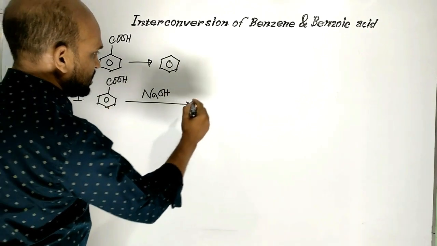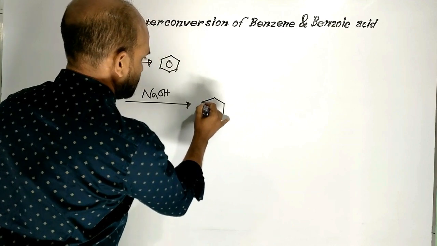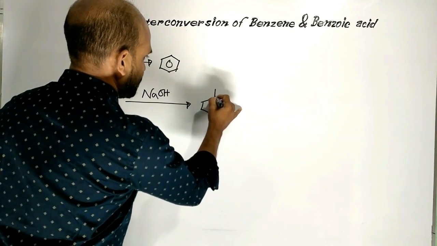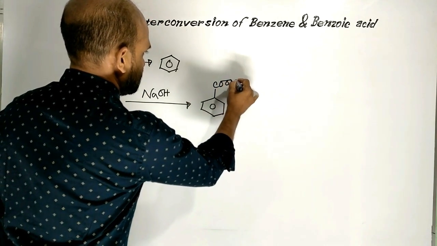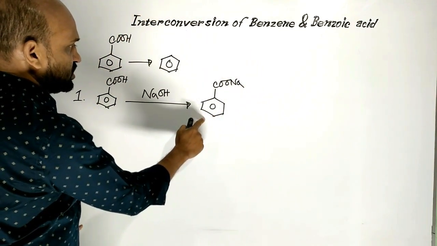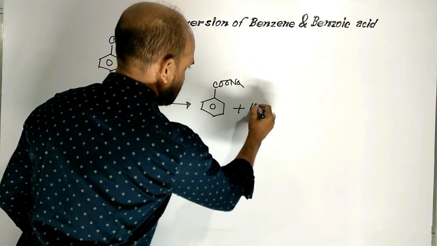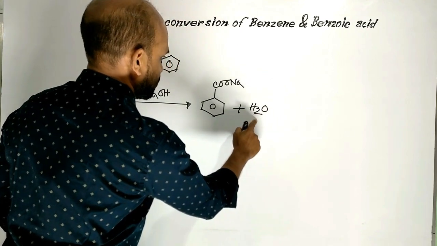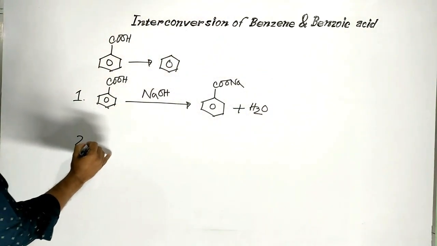Then benzoic acid changes to sodium salt of benzoic acid, sodium benzoate. Water is formed as byproduct. Step 2.